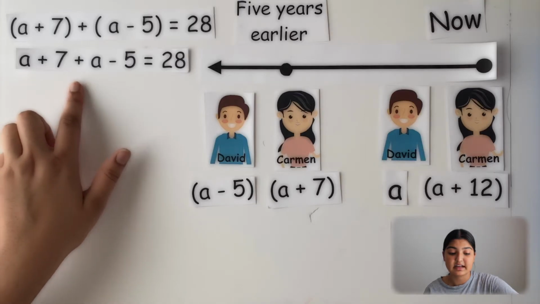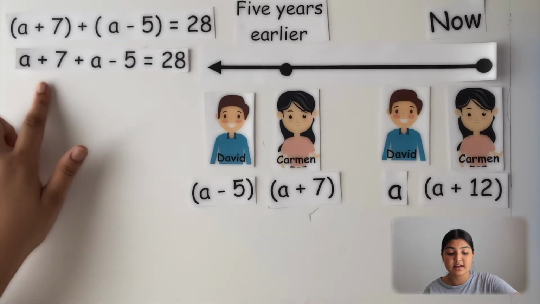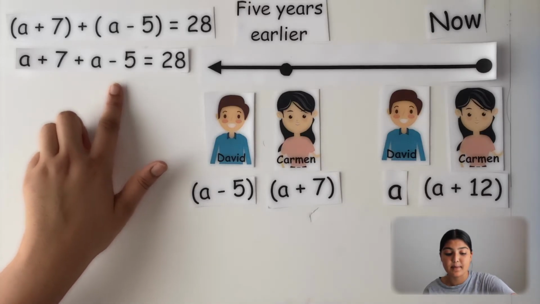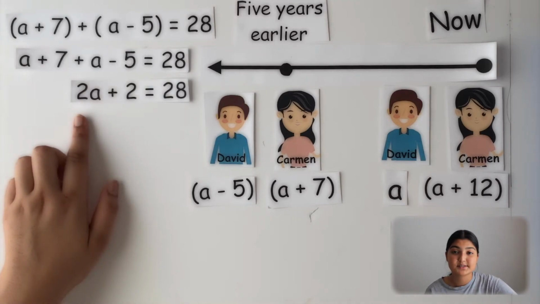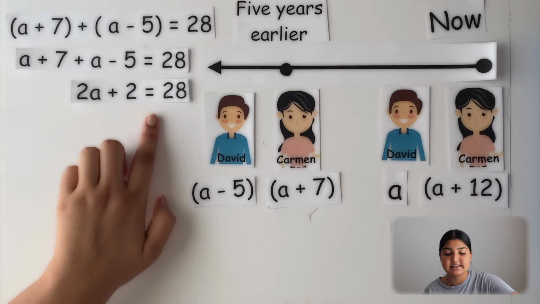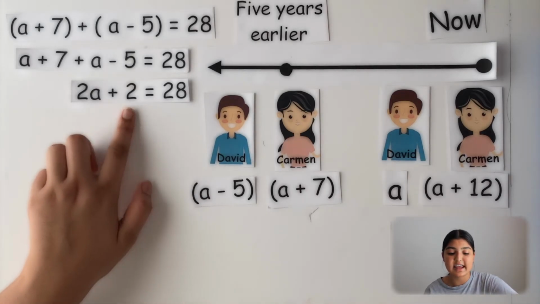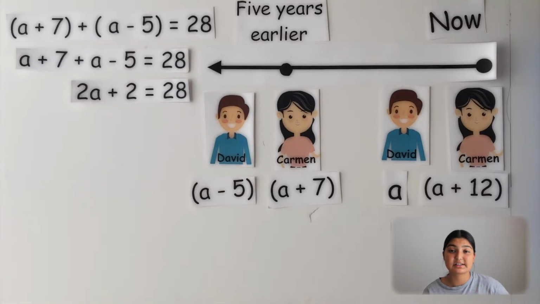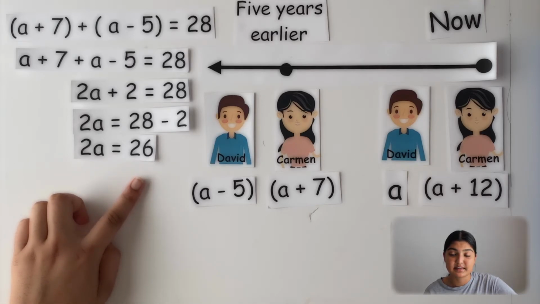A plus A is 2A, and positive 7 minus 5 is 2. So we get 2A plus 2 is equal to 28. Now let's take 2 to the other side of the equation. 2A is equal to 26.